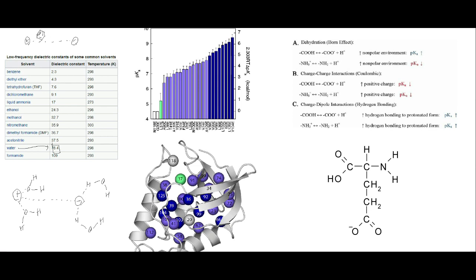So if we have a bunch of those around, it's not stabilizing this charge as much. So this charge is sort of effectively stronger than what it would be when it's in a solution like this.